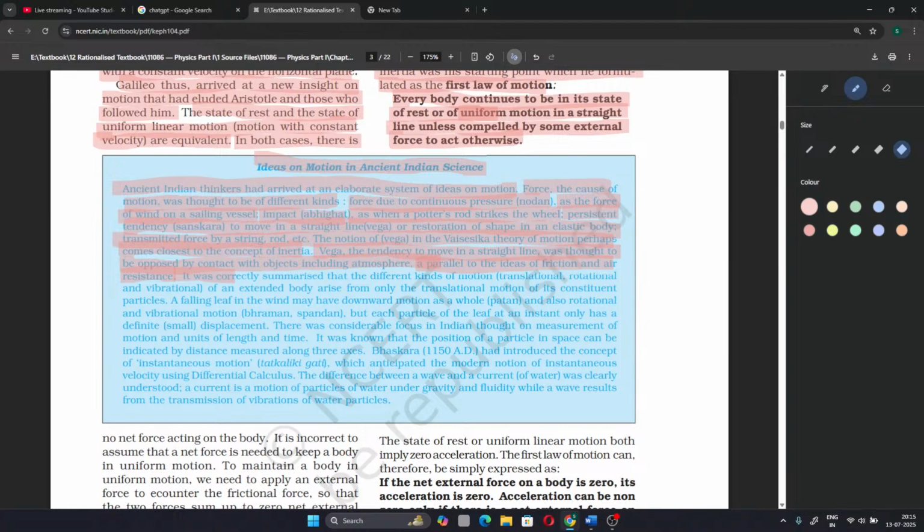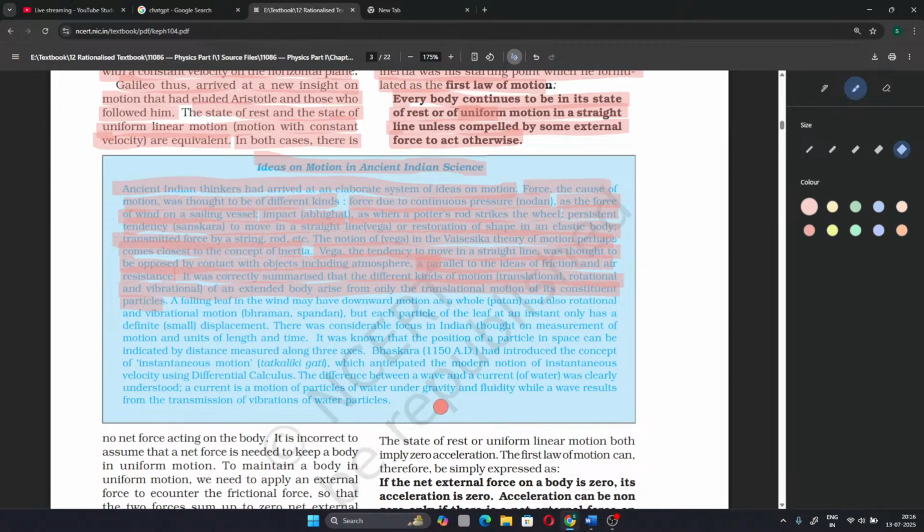It was correctly summarized that the different kinds of motion, translational, rotational, and vibrational, of an extended body arise only from the translational motion of its constituent particles.